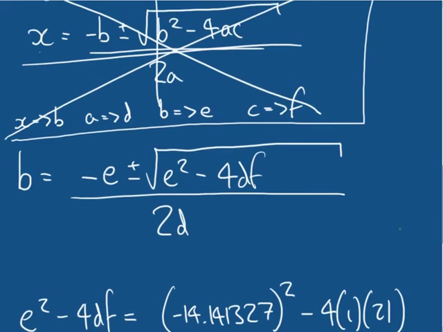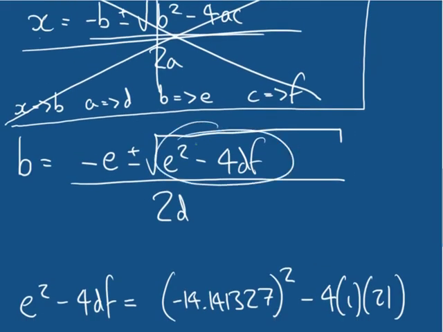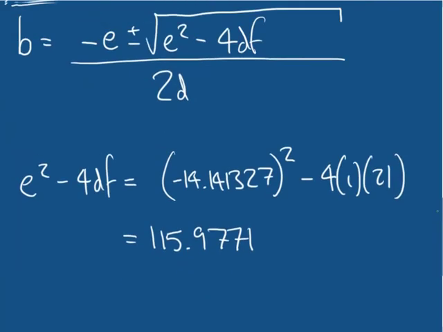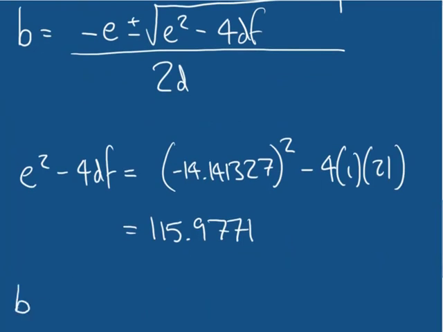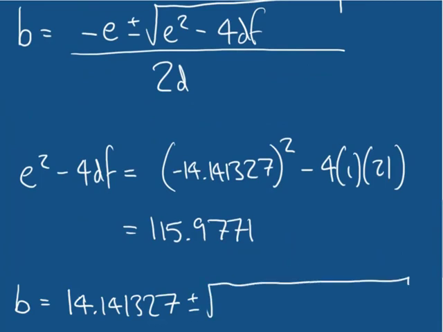So now that I've got e squared minus 4df, we can rewrite this entire equation as b is equal to minus e. Well, e is minus 14.141327. Therefore, minus 14.141327 becomes positive 14.141327, plus or minus the square root of our e squared minus 4df.